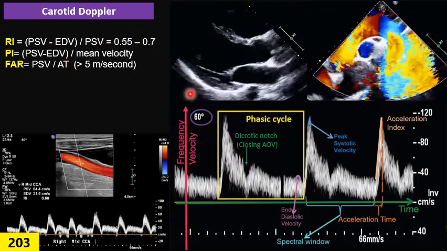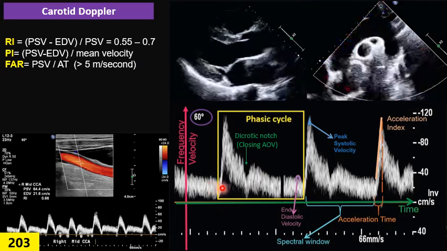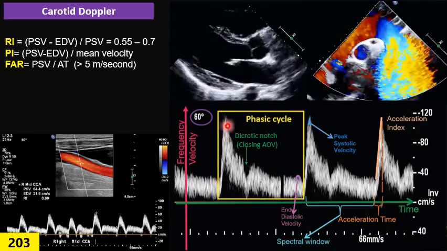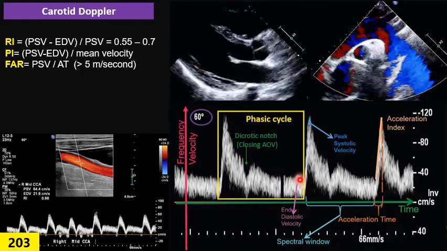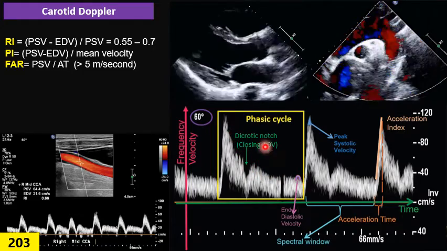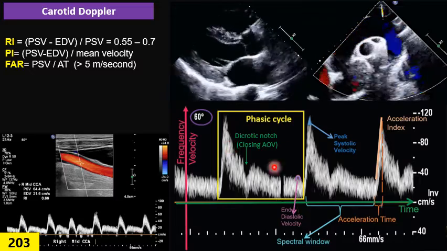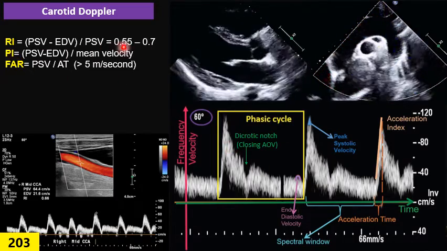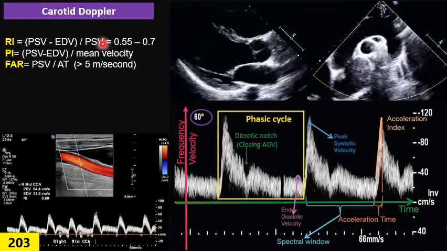Mean velocity is measured by tracing the Doppler in one cycle, from the beginning to the end. Usually this measurement is done by the machine, and finally it gives us the pulsatility index.